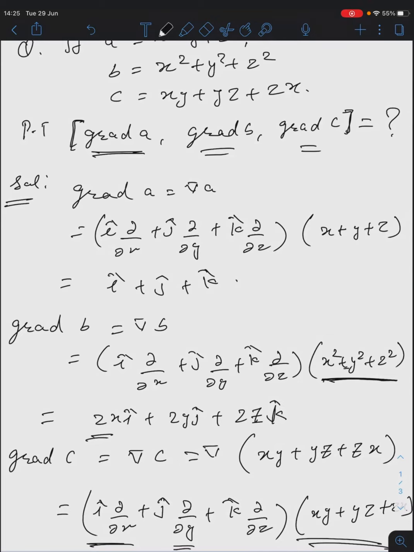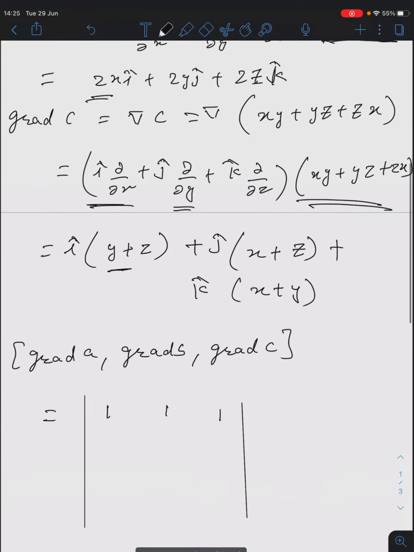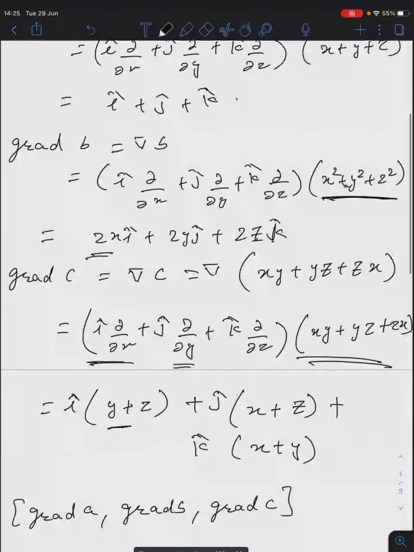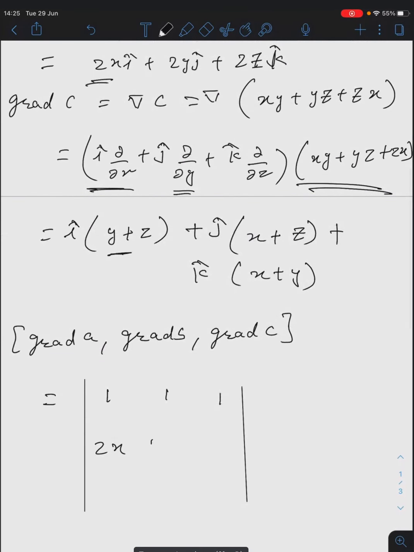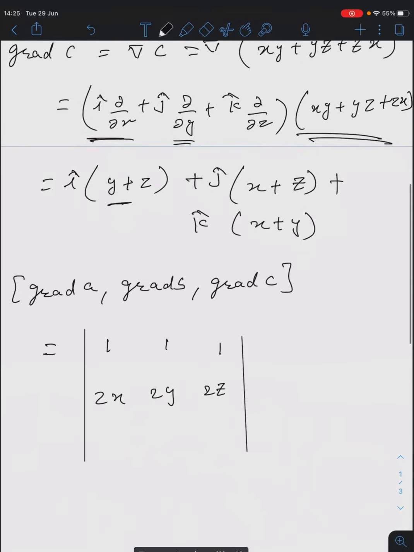What are the components of gradient A? 1, 1, 1. Then in the next row, gradient of B components are 2x, 2y, 2z. Gradient of C components are y plus z, x plus z, x plus y.